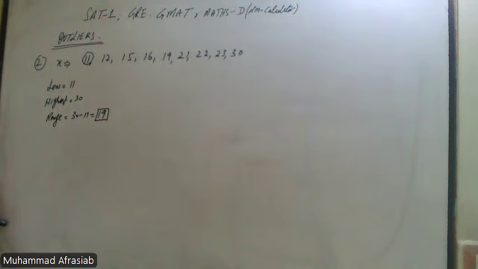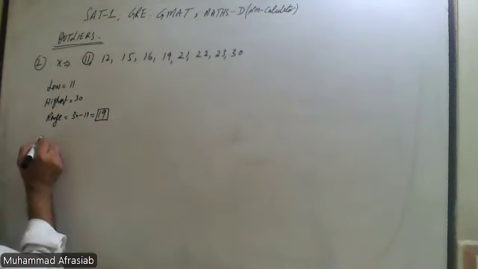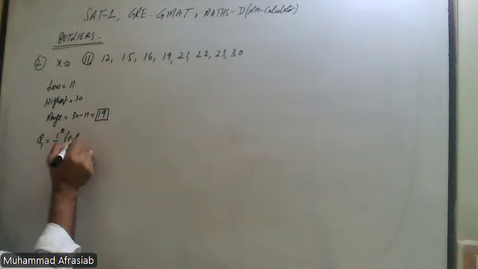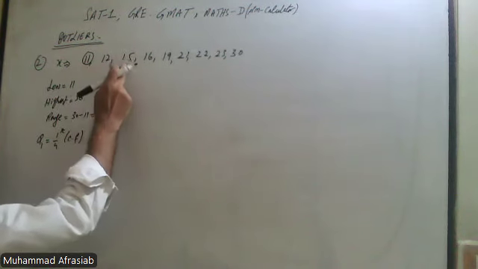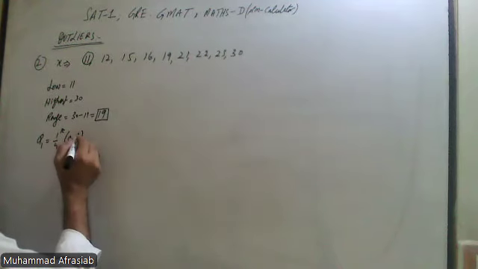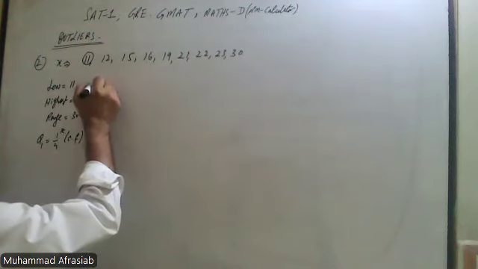Now you can find the lower quartile Q1. So 1/4 of CF. Counting 1, 2, 3, 4, 5, 6, 7, 8, 9, there are 9 frequencies for this part.